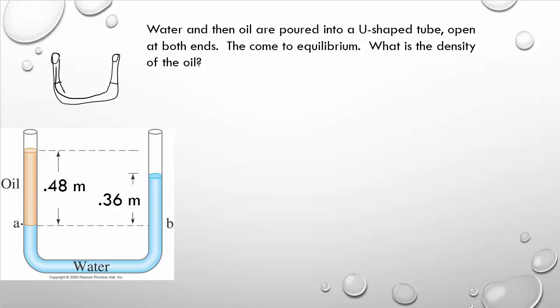But what we do know is this line here, A and B, that has to be at exactly the same pressure, because if you think of the pressure down here at the bottom, whatever it is, and you come up, the pressure is going to decrease, decrease, decrease. Well, if we start at the same pressure down here and come up the exact same amount, it's going to decrease by the exact same amount.